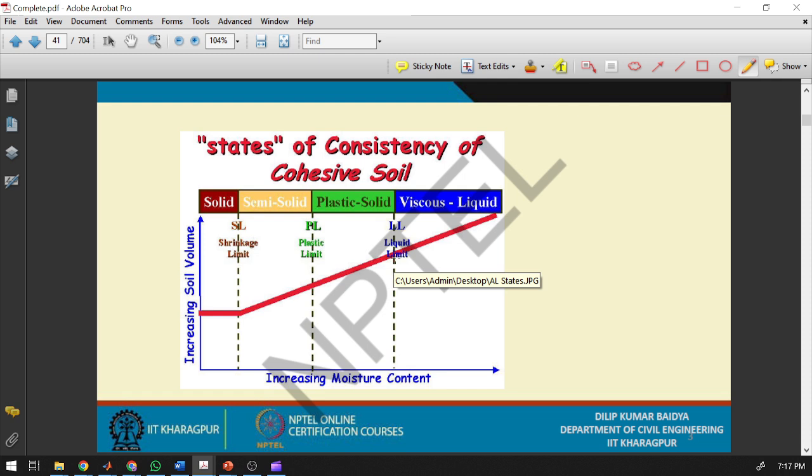Why? Because it has become a slurry, it has lost its shear strength. This point is where it loses all its shear strength, and below this, shear strength is increasing and water content is decreasing. In this area, the soil is plastic, called plastic because you can shape it into anything, like potter's clay.